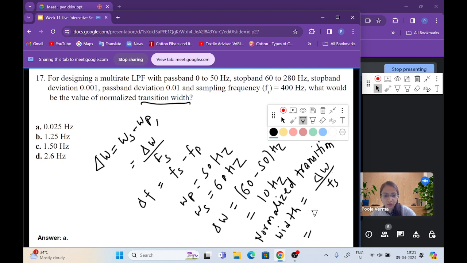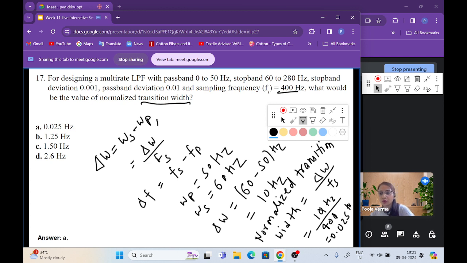Del omega we have got as 10 Hz, and the sampling frequency is given as 400 Hz. The zeros will be cancelled. If you calculate 1 by 40, you will get 0.025.